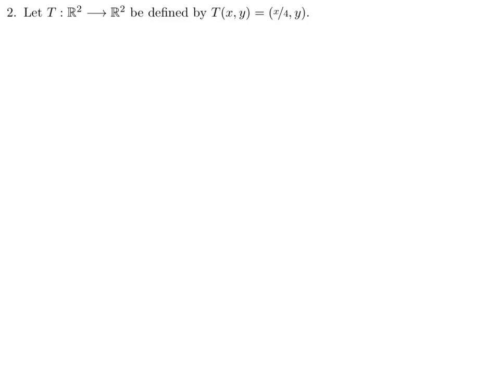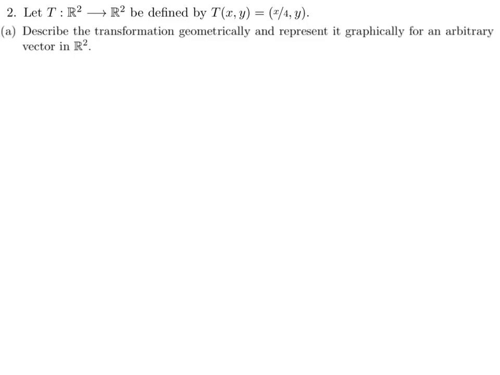It's less than 1, and we're just multiplying the first component, the horizontal component, by k. So in part A, it says, describe the transformation geometrically and represent it graphically by an arbitrary vector in R2. We could tell visually that it was probably a horizontal contraction, but let's find the standard matrix.